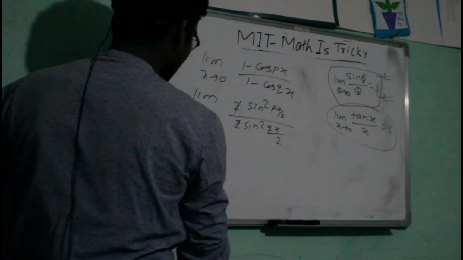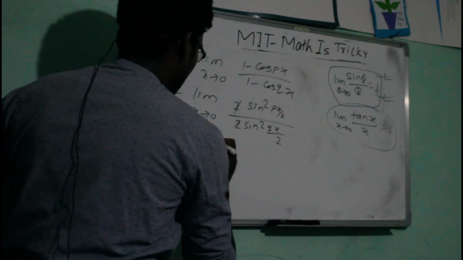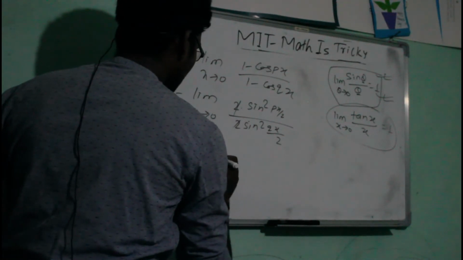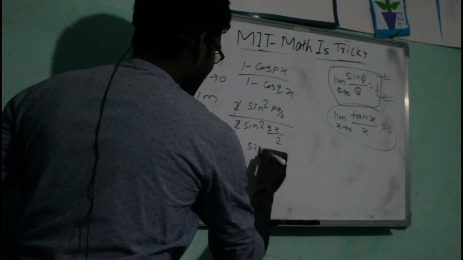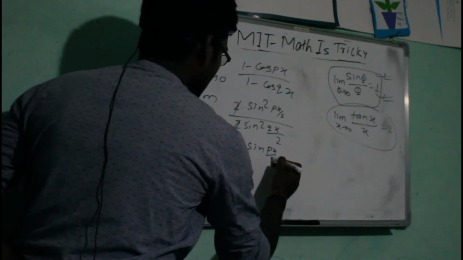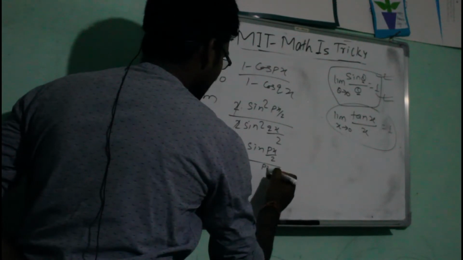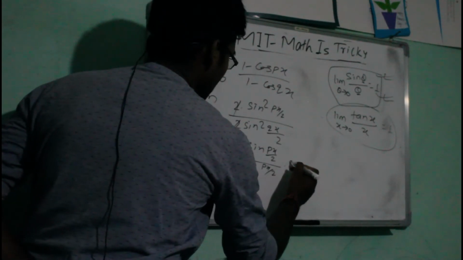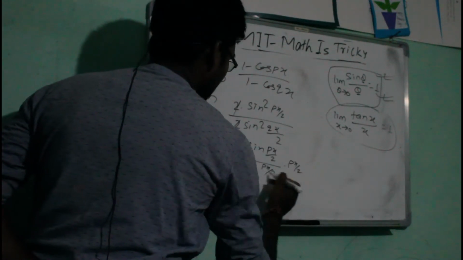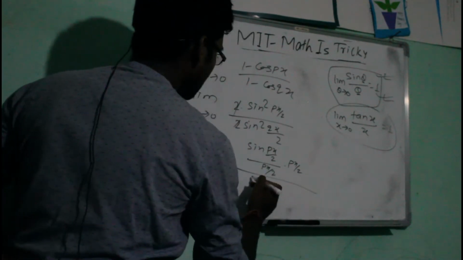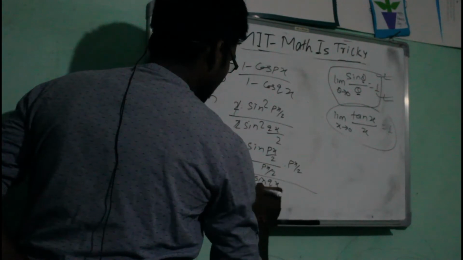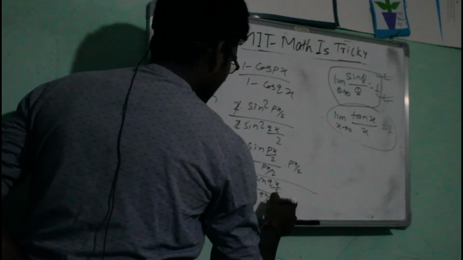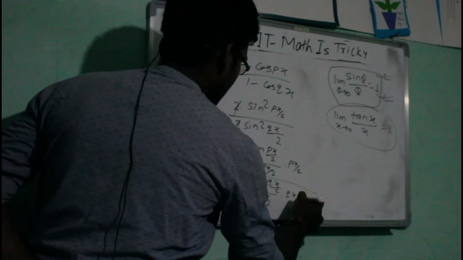So we can cancel the 2, and now we can use the formula sin theta by theta. To use that, let's balance this: sine of px by 2 whole, divided by px by 2, into px by 2, and sine of qx by 2, divided by qx by 2, into qx by 2.